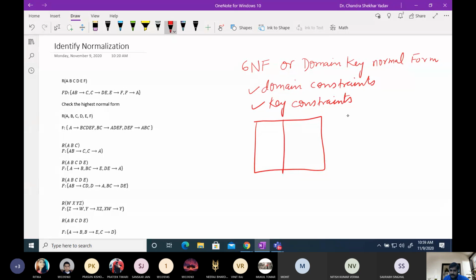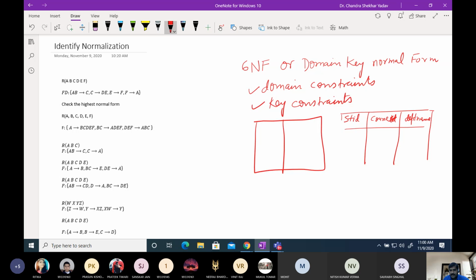Okay, suppose we have a table with student ID, course ID, and then course name and department name.